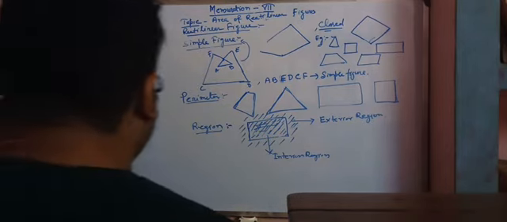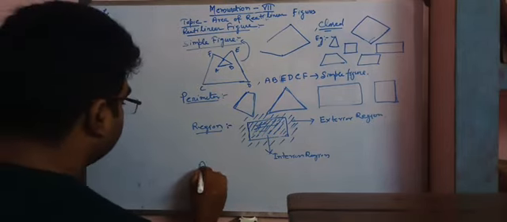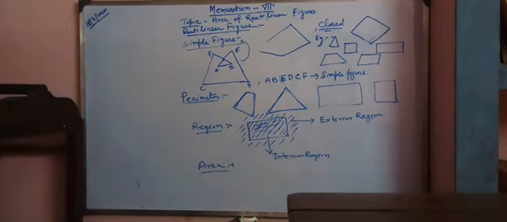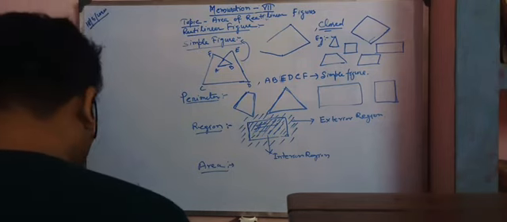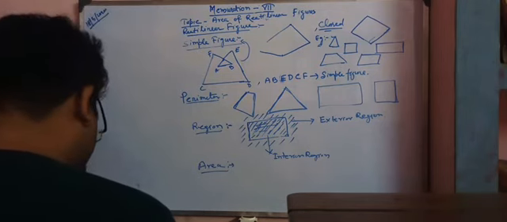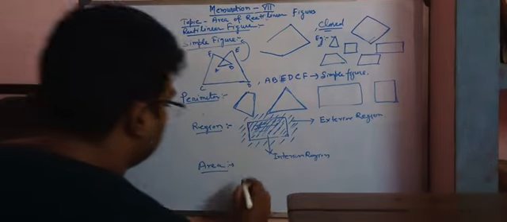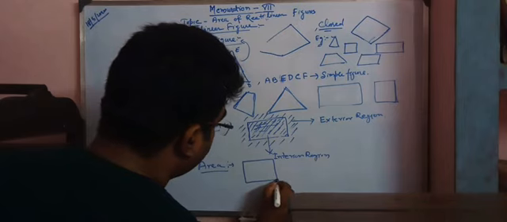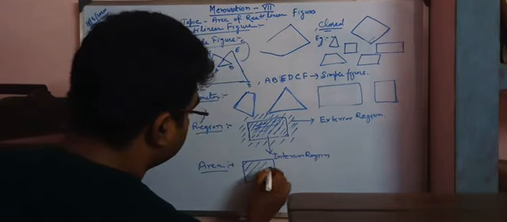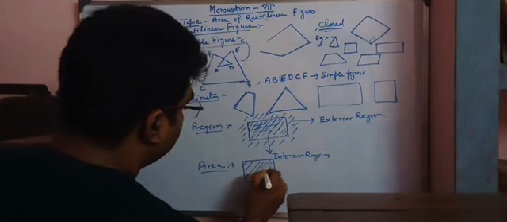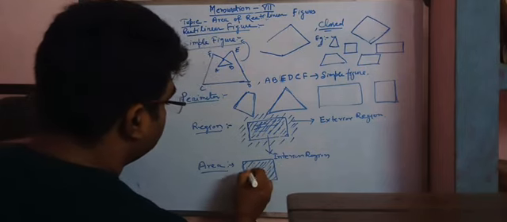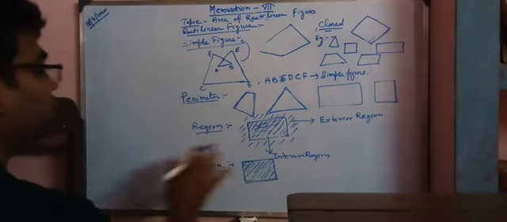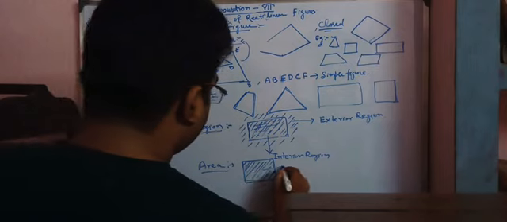Next, come to area. What is area? The area is the measurement of the region enclosed by a plane figure. The total measurement enclosed by these four straight lines is the area.